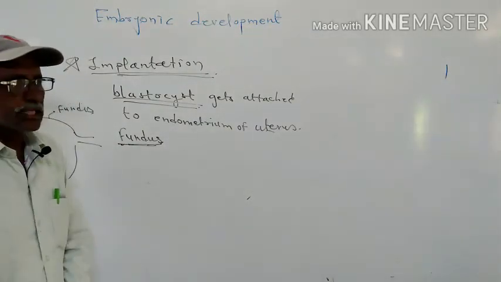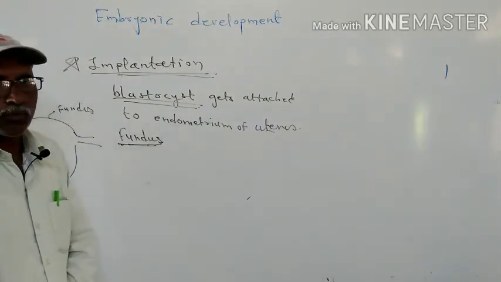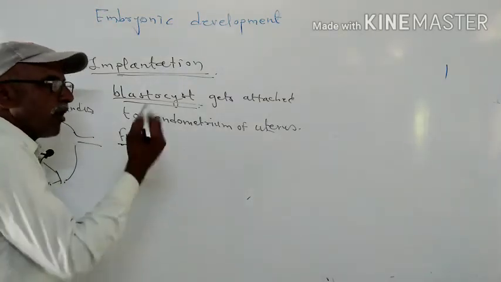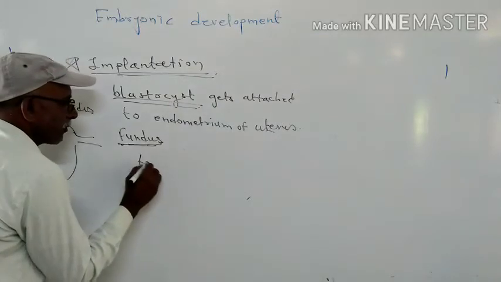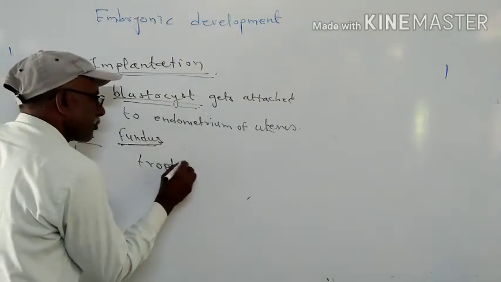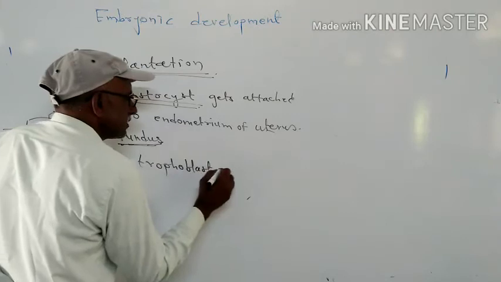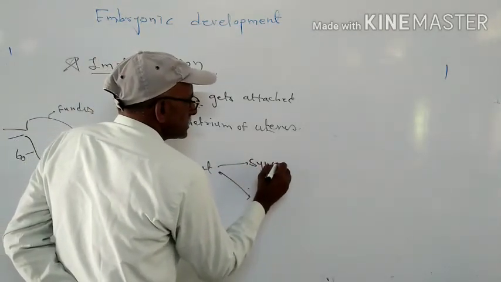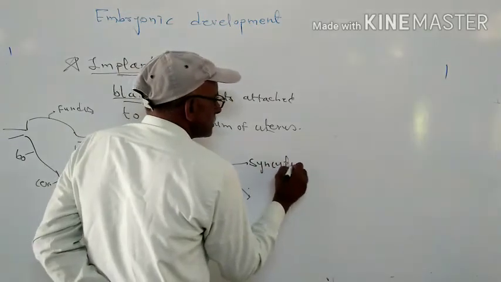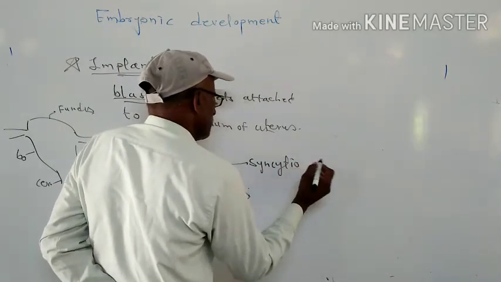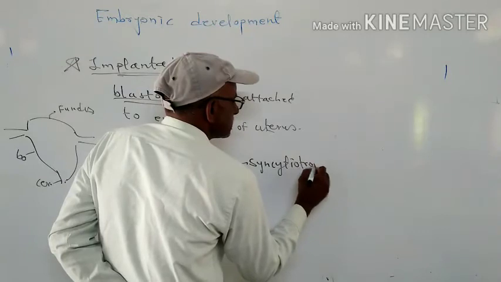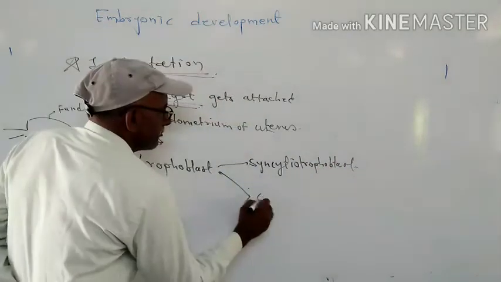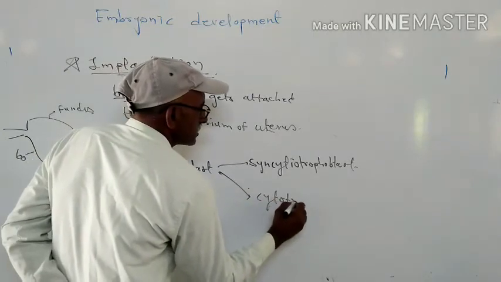The cells of trophoblast form 2 layers. One is syncytiotrophoblast, and the second one is cytotrophoblast.